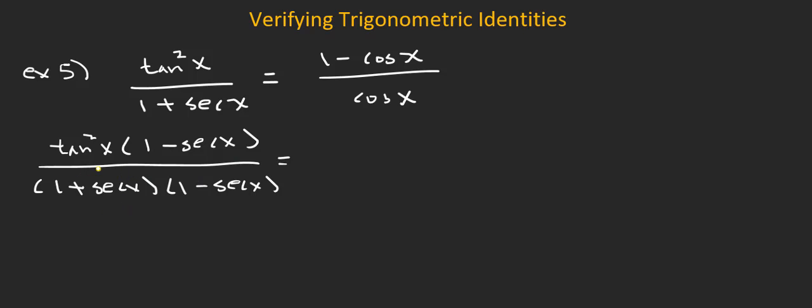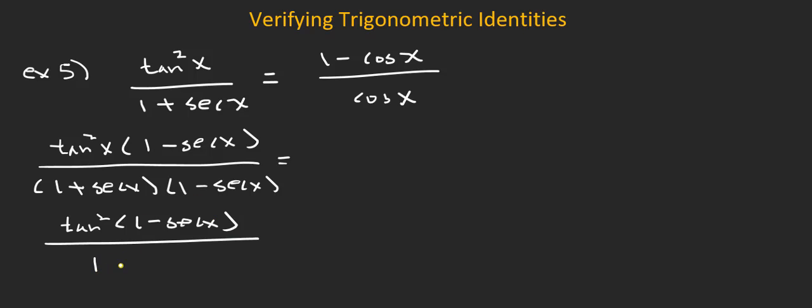So you will end up getting, let me just leave the numerator alone and see what happens later. On the bottom, you will get 1 minus secant square x. Now let's take a look at our Pythagorean identity. What is tangent square theta? I'm sorry, I forgot here is x. Tangent square theta plus 1. That's secant square theta.